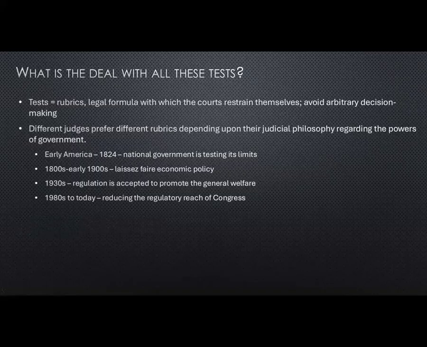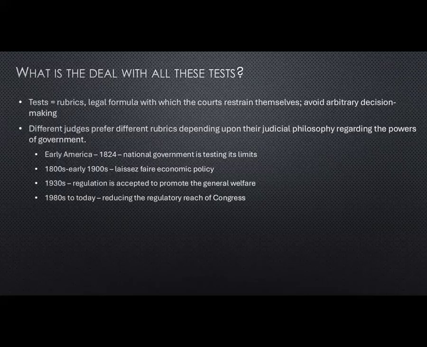Around the 1980s, here is where you start to see the court implementing a stricter judicial philosophy about the power of the Congress to regulate commerce. And I'm thinking specifically of the Lopez decision in your textbook. You see evidence there that the court is returning to a more restrictive stance on the Commerce Clause.